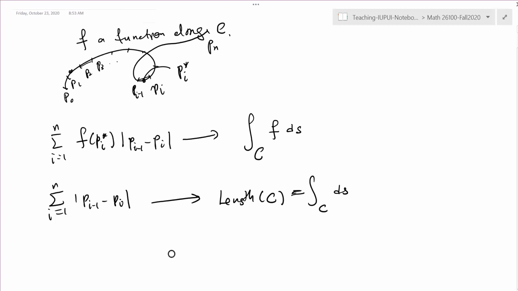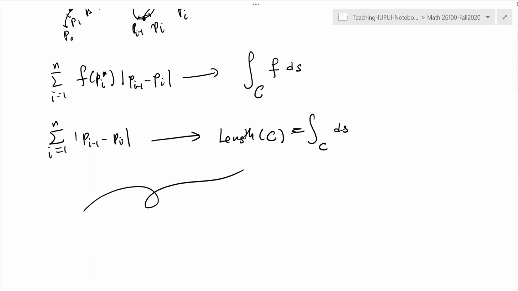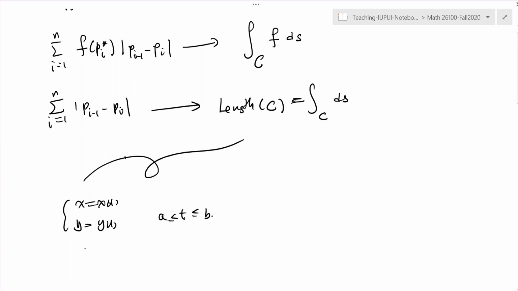So the question is, how do we calculate this? If the curve is parameterized by a function, so x equals x of t, y equals y of t, and t is between a and b, in that case the point Pi is going to be x(ti), y(ti).